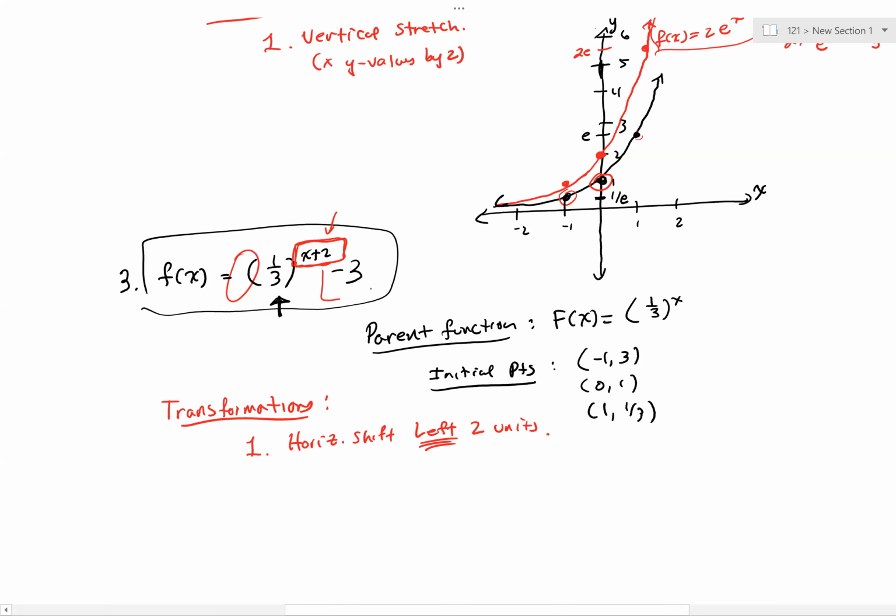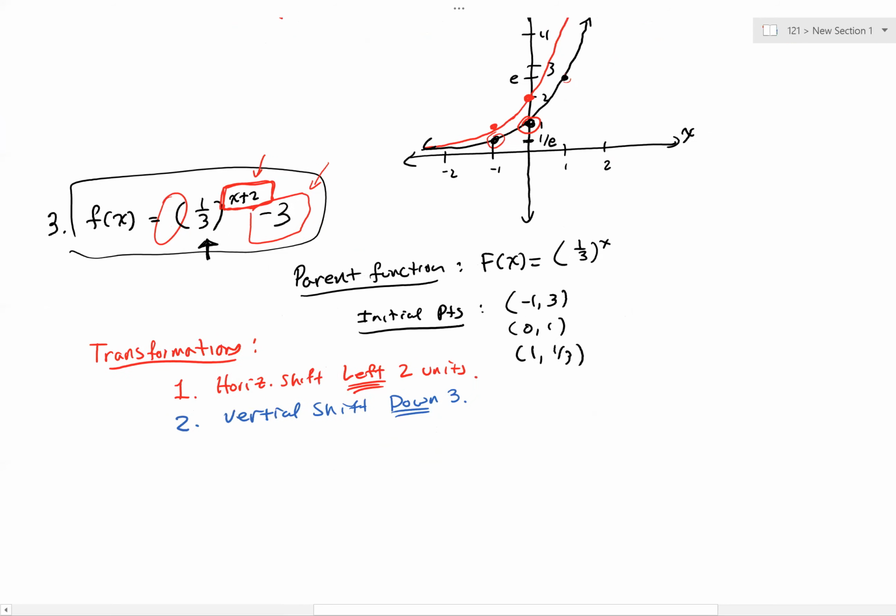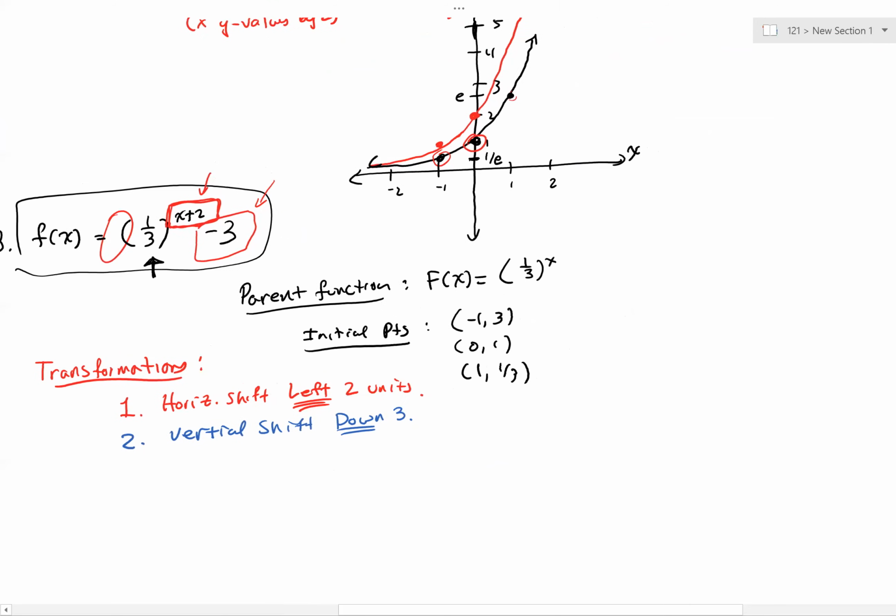But I do have this -3. Here we are subtracting the number 3 from the function itself, and that is a vertical shift down 3. So those are the only 2 transformations of our base function.